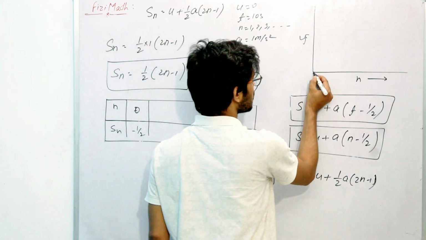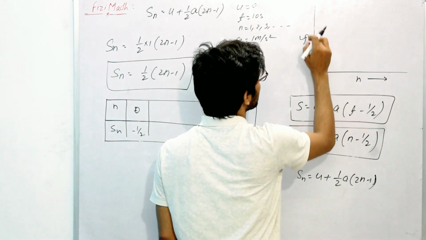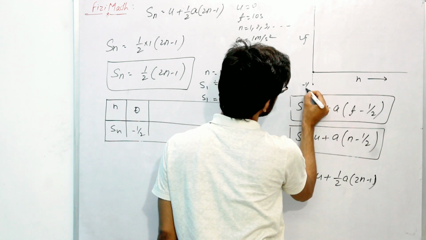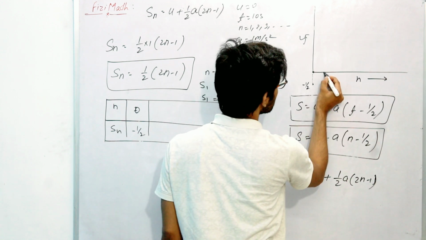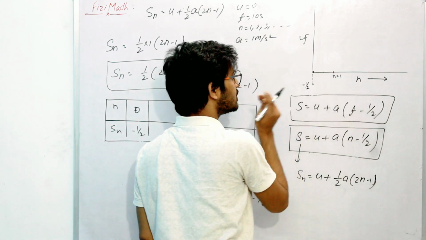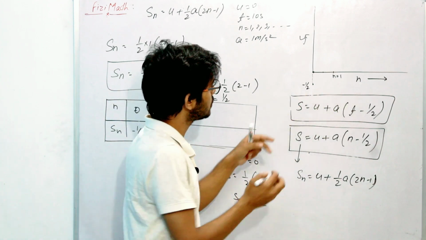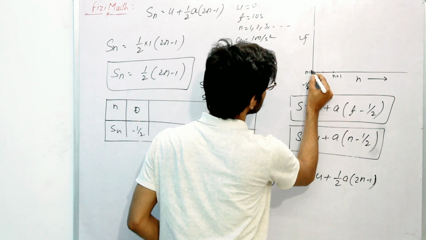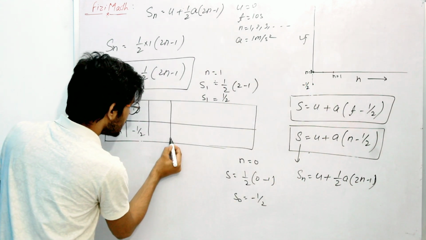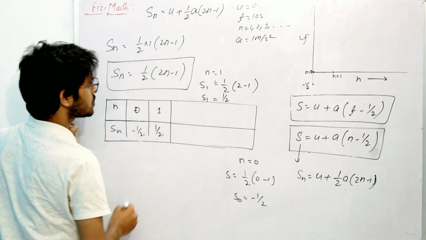So here in the plot, when n is 0, the Sn value is somewhere here, that is minus 1/2, and this is n is equal to 1. So at n equal to 0, S is equal to minus 1/2, whereas if n is equal to 1, then S1 is equal to 1/2.